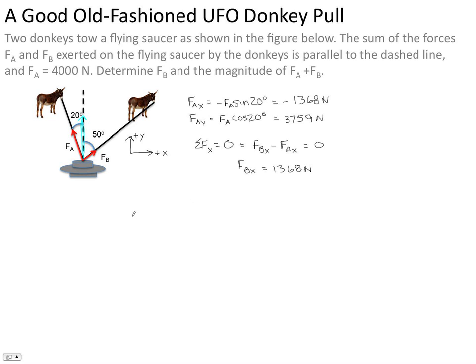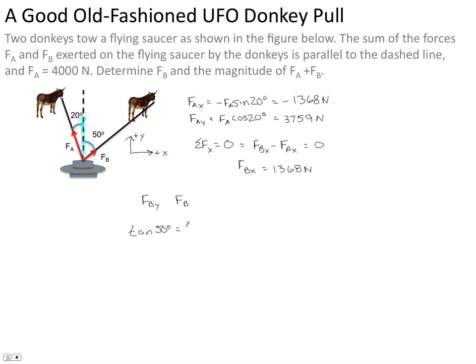All right, well, now we're home free because now we have one of the components of B, and we're also given this angle that B makes with the dashed line. So the two remaining things to find here are the y component of B and B itself. Well, we can use our trig functions to find these two things. We know the x component of B. We know that the tangent of this angle, 50 degrees, is equal to opposite over adjacent.